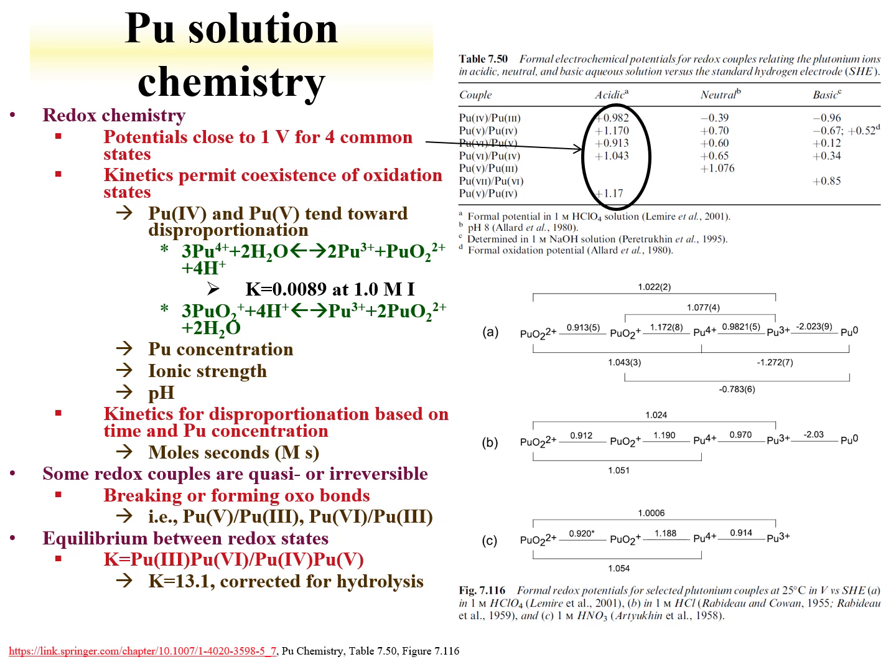Now, there are some trends. For instance, plutonium 4 and 5 will tend towards disproportionation, and here's an example of the 4 in the presence of water going to the 3 and the 6 with some proton given off. So if you wanted to prevent this disproportionation, you could have lower plutonium concentrations, since 3 plutonium-4s are needed, or higher acids.